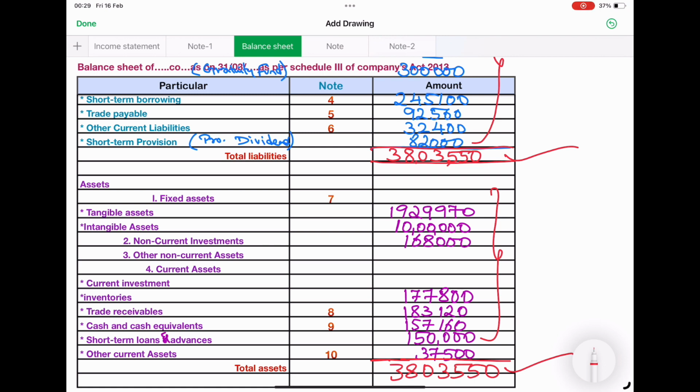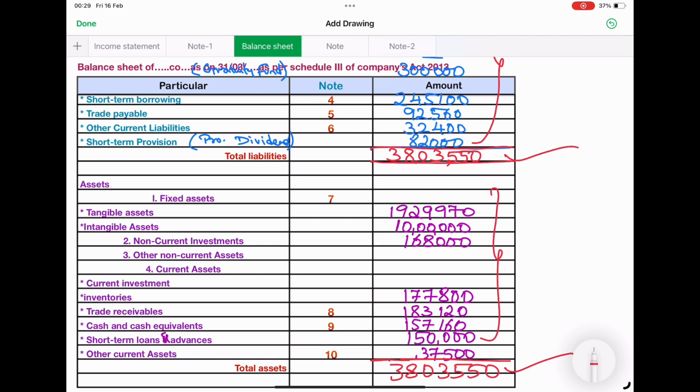For each note maximum you are going to take 1 minute. So for 4 notes maximum you can take 4 to 5 minutes. With the help of those notes you can prepare the income statement easily within 5 to 10 minutes.